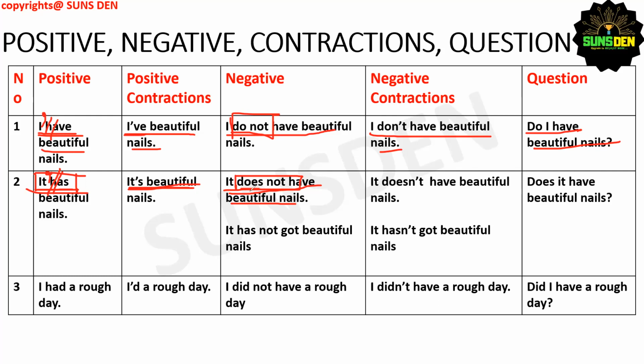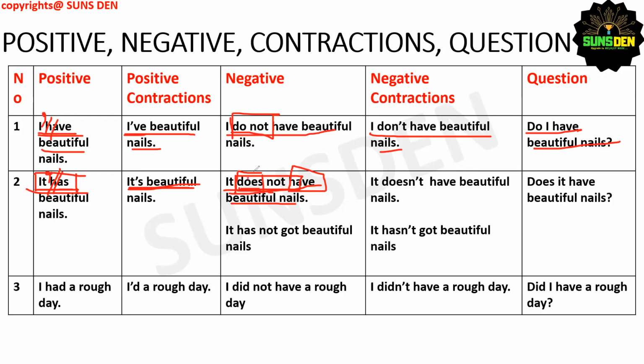As I told in the previous video, does or do comes to stand in whenever the main verb or the have verb cannot take the negatives and the questions. Usually main verbs and the have verbs cannot take negative and the question, and that's why we introduce a do inside the sentence. That's how this does comes.